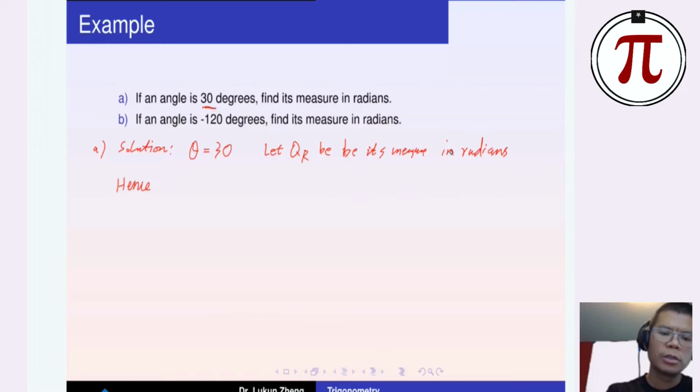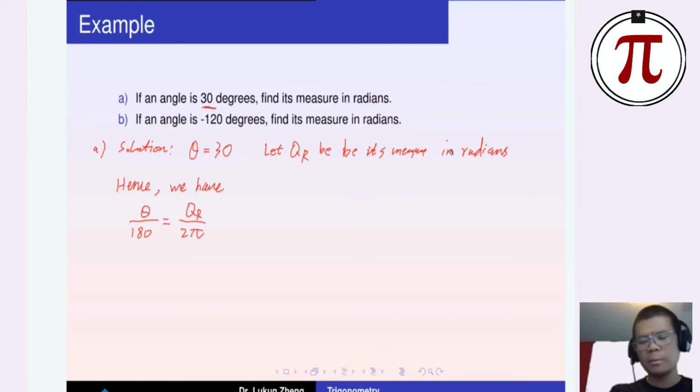Hence we have theta over 180 equals theta r over pi. This is the theorem we have here. Over pi, sorry, not over 2 pi. Does that make sense?